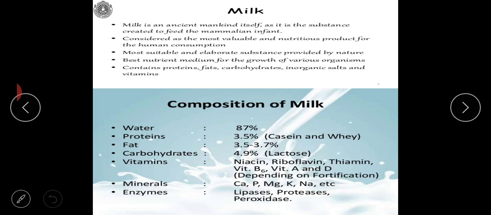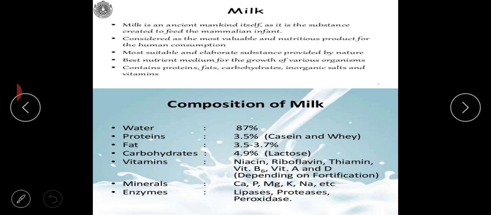A brief composition of milk: water 87%, proteins 3.5%, which includes mainly casein and whey. The fat content is about 3.5 to 3.7%, and the carbohydrate component is about 4.9%, which is chiefly represented by lactose.